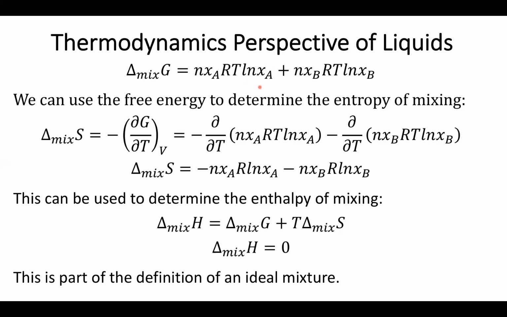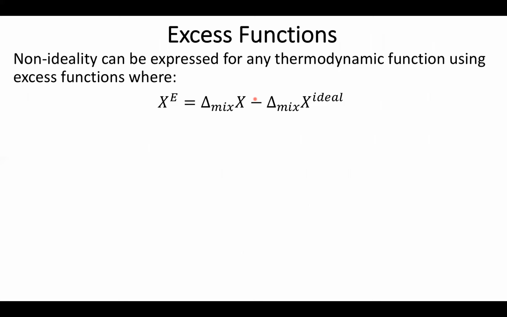but again, we're not always dealing with ideal systems. So what we really would like is to be able to take these tools and try and turn them into a non-ideal system. And so we're going to more or less use a classic PChem trick, which is using a fudge factor. And this time we're going to call it the excess function.